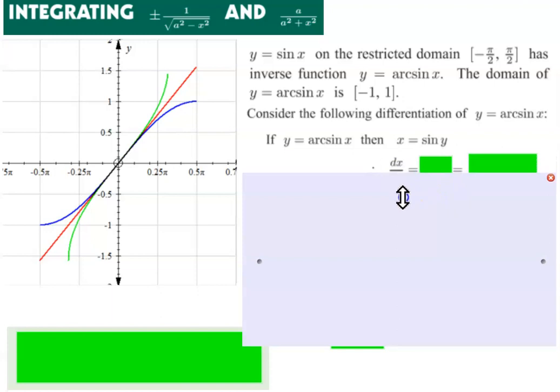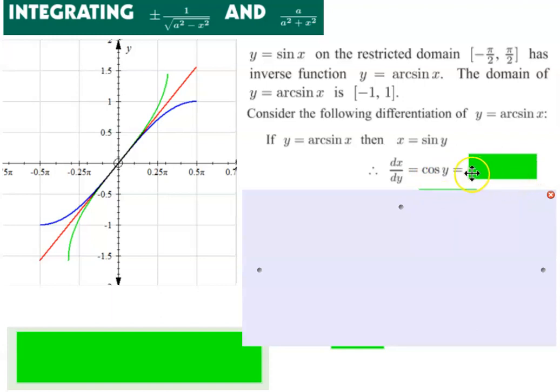Alright, so I have this function here, which I'm going to differentiate with respect to y. So dx on dy becomes, now if we differentiate sine, we get cos. So we get the cos of y. Now I want to express the cos of y in terms of x.